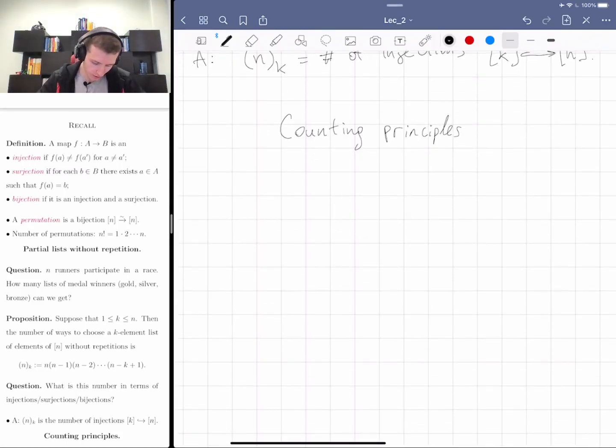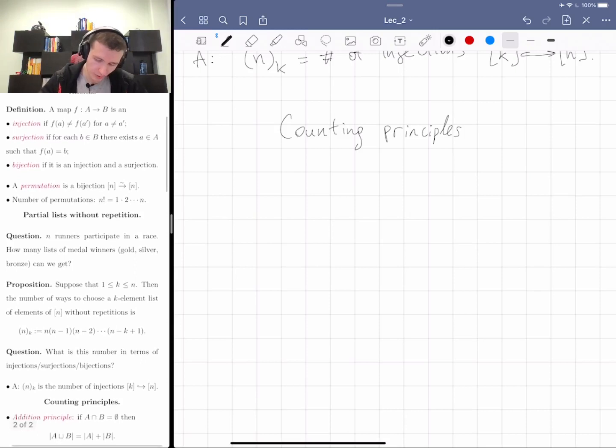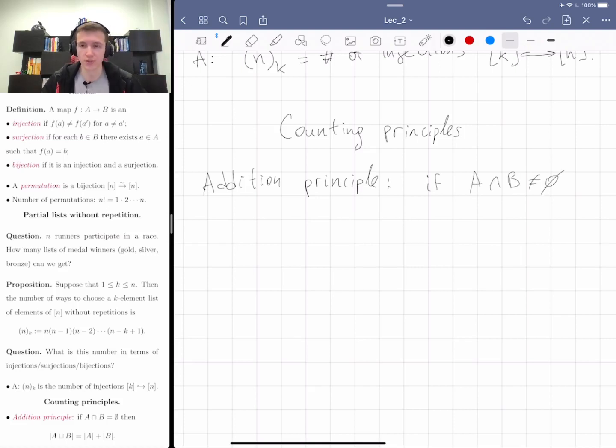So here is the addition principle. Again, it sounds super basic, but if you have 2 sets A and B which do not intersect, so A and B are disjoint, then the size of their union is equal to the sum of their sizes.